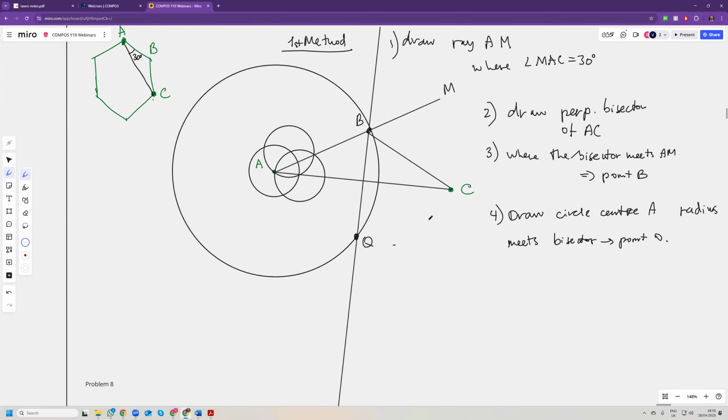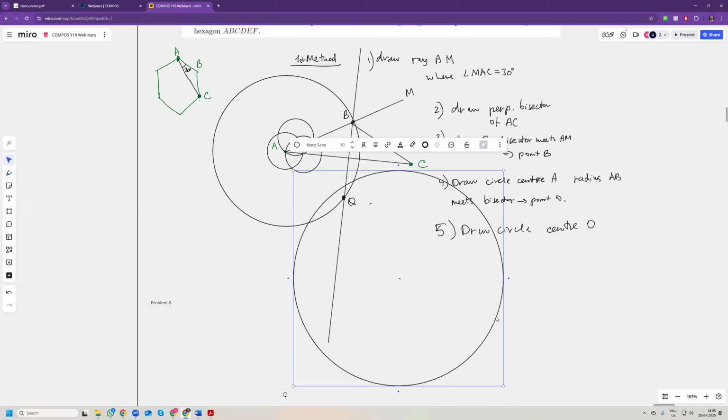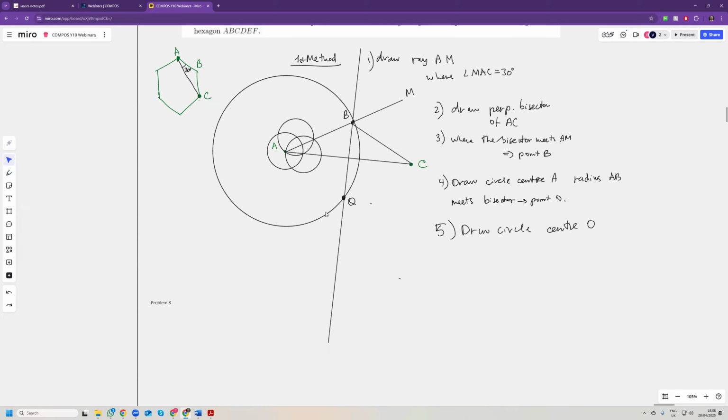Point O, and then just draw a circle center O, same radius.